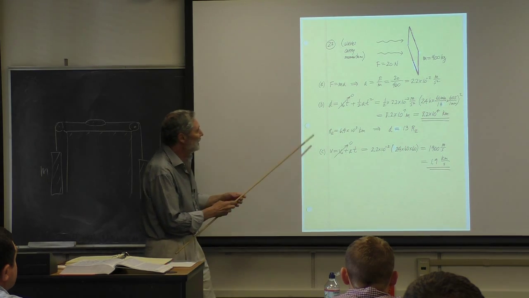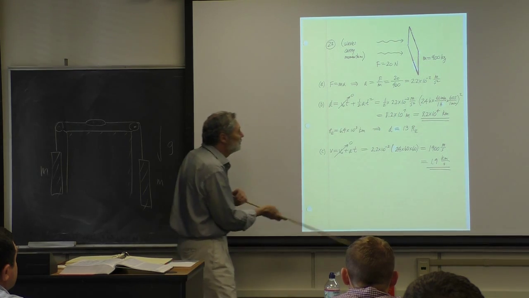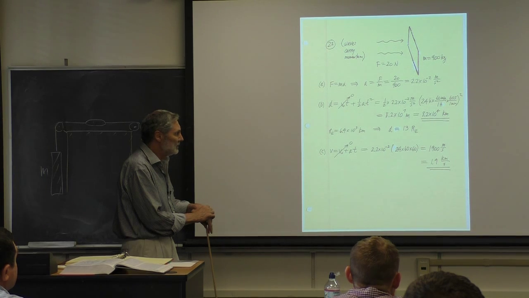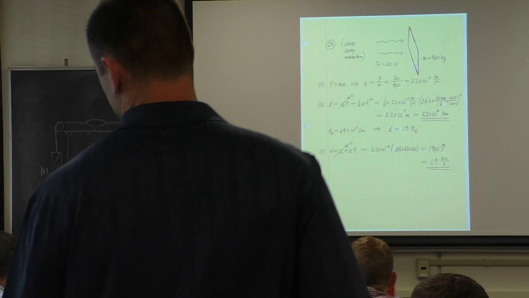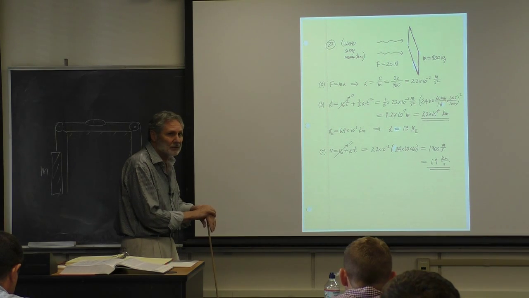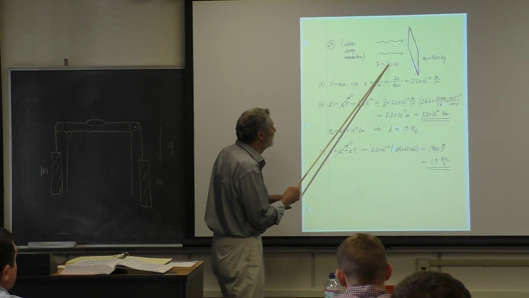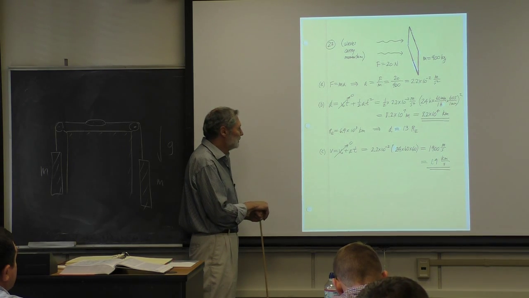Because I want to be able to cancel the time here and come up with meters. And I come up with a lot of meters, and it's appropriate to specify it in kilometers. It's roughly 100,000 kilometers in just 24 hours. I don't know if I believe this. I think that's too high for typical values.